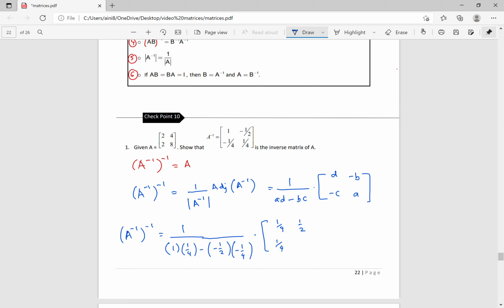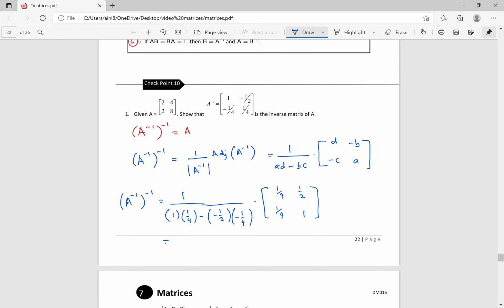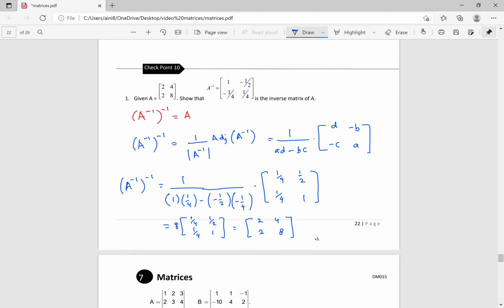This one is 1 over 4. This one is 1. And then the answer equals 8 times 1 over 4, 1 over 2, 1 over 4, 1, which is 2, 4, 2, 8. And then you can conclude that A inverse again equals A. So, shown.